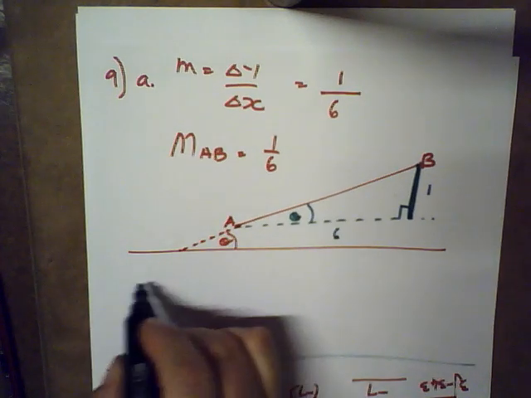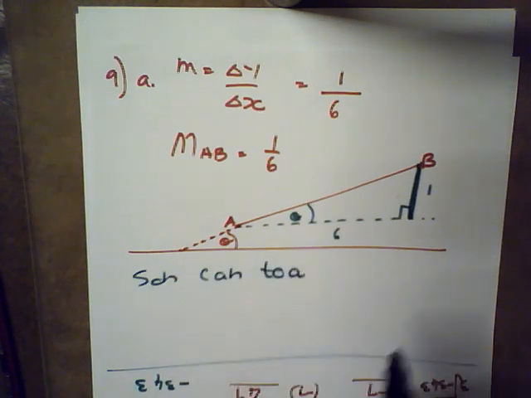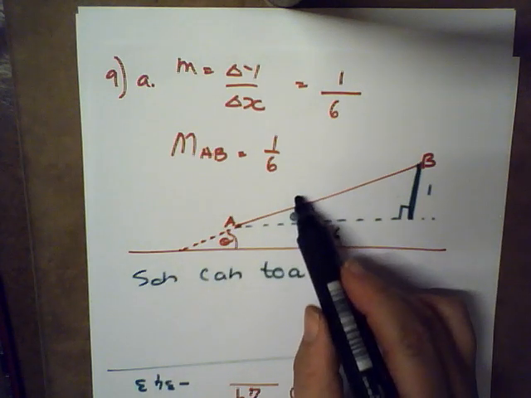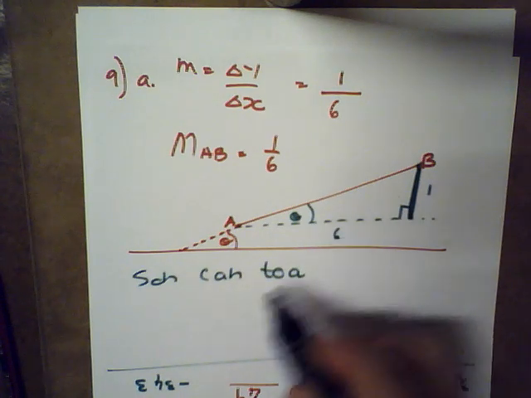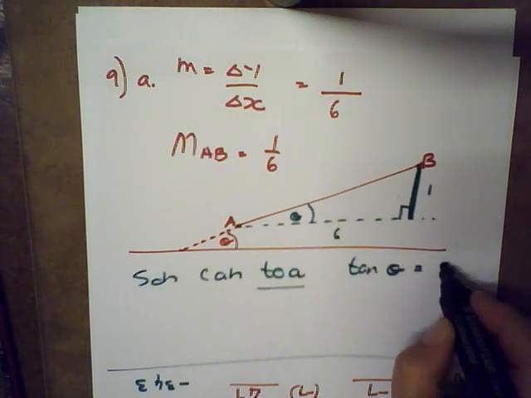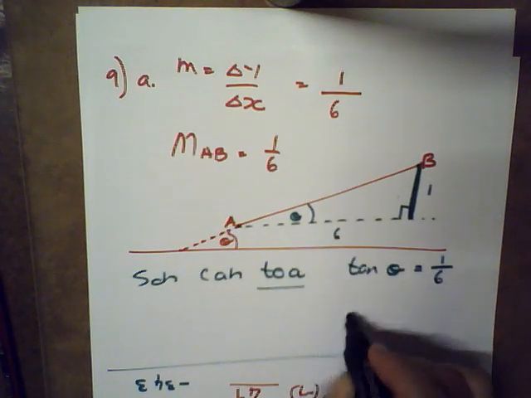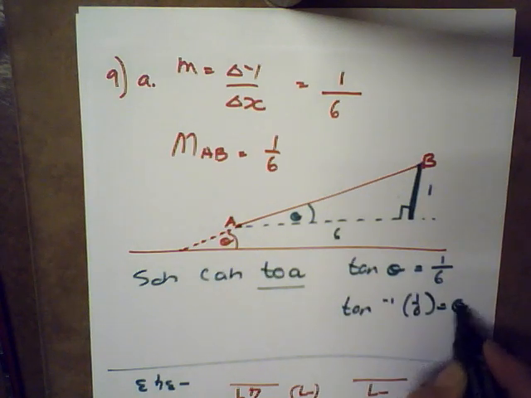Let's go with SOHCAHTOA. I don't have a hypotenuse, so I can use the opposite over the adjacent, so tan. So tan of theta is opposite 1 over 6. So tan inverse of 1 over 6 would give me theta.